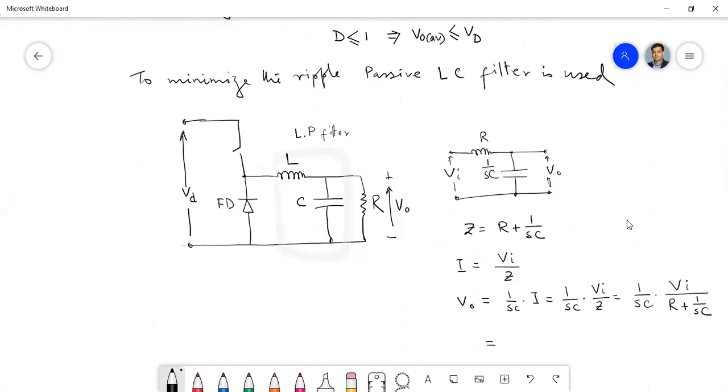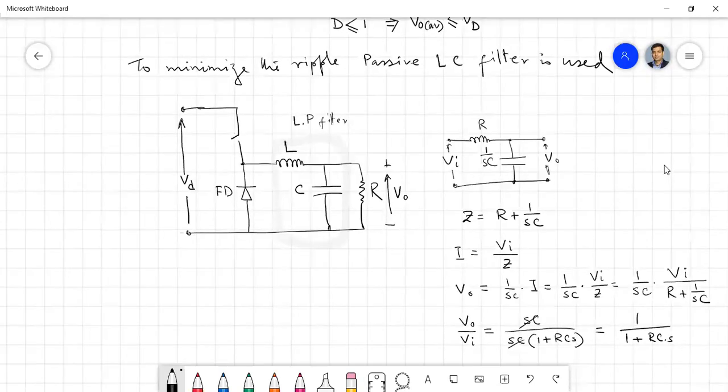So from this we can write V0 by VI equals SC divided by SC into 1 plus RCS. So this will cancel out and we get 1 by 1 plus RC into S. So this is basically a first order system, and it is also considered a low pass filter.